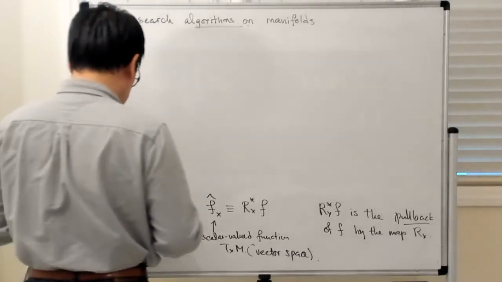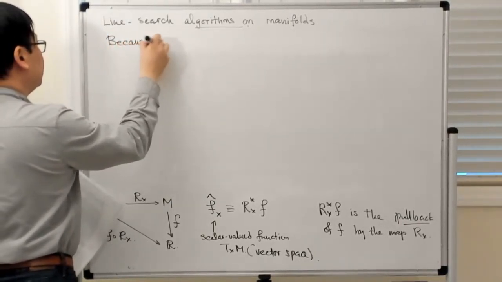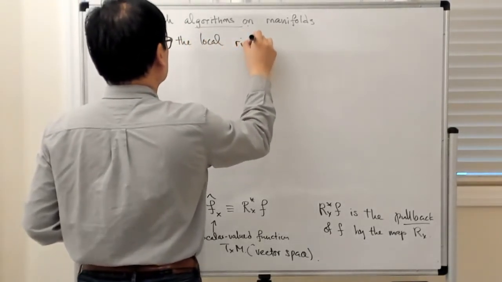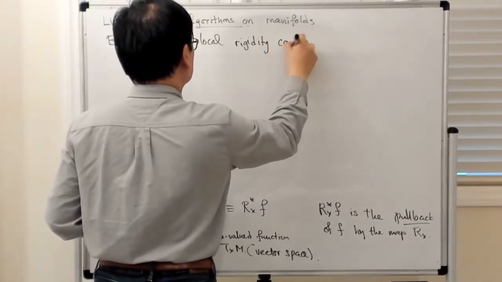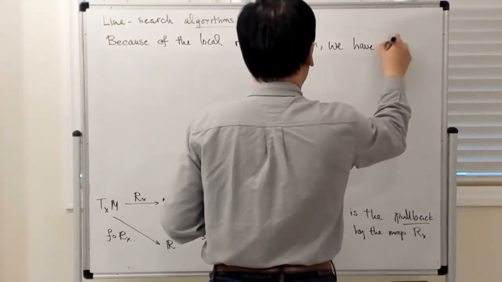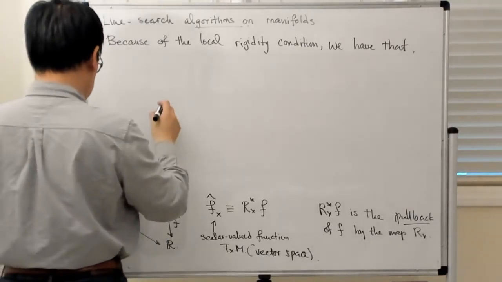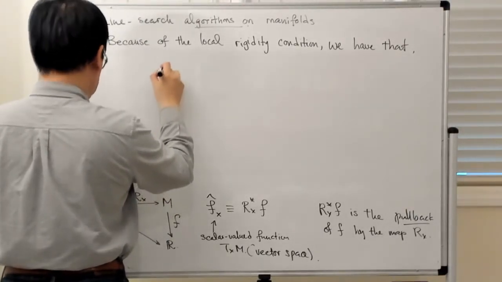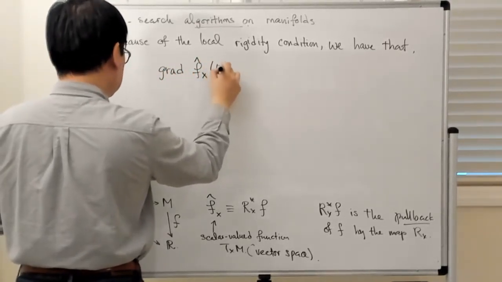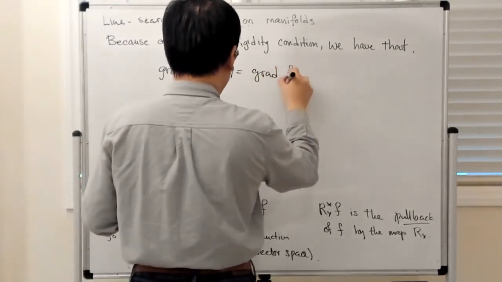The point is that because of the local rigidity condition, we have the following: the gradient of f hat of x at 0x is equal to just the gradient of f of x.